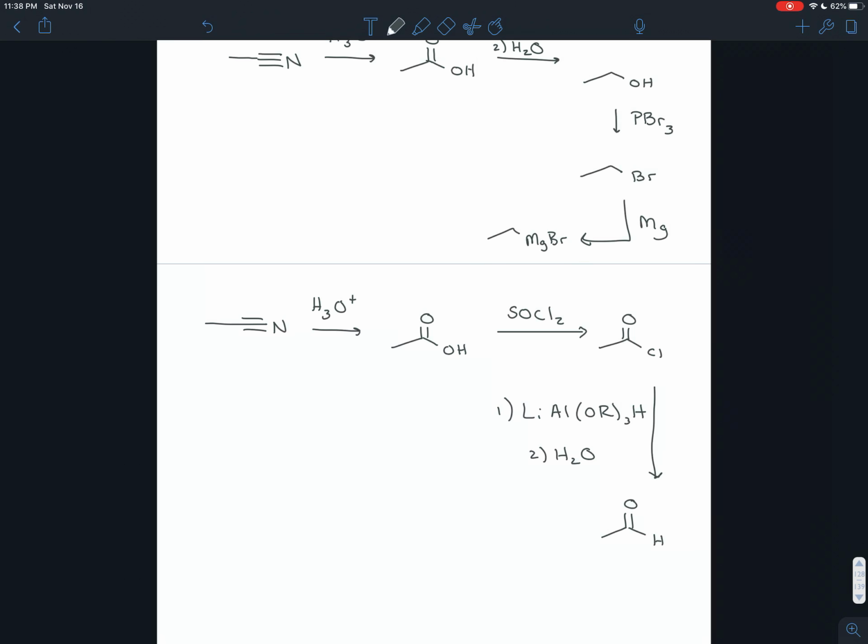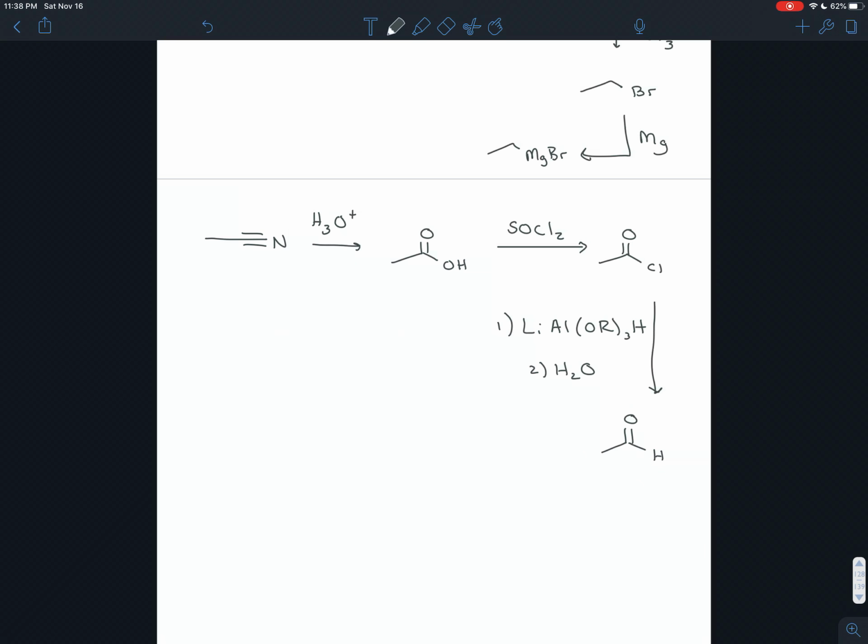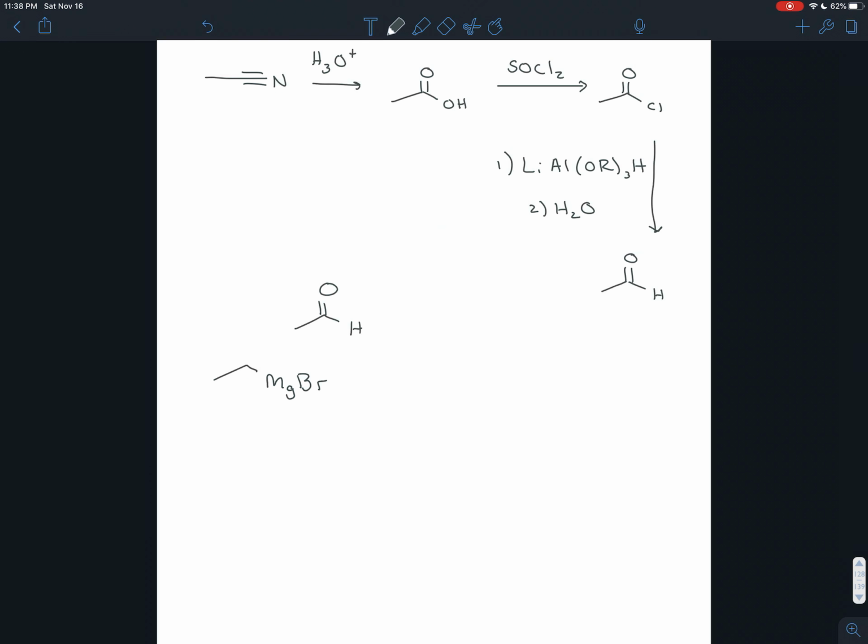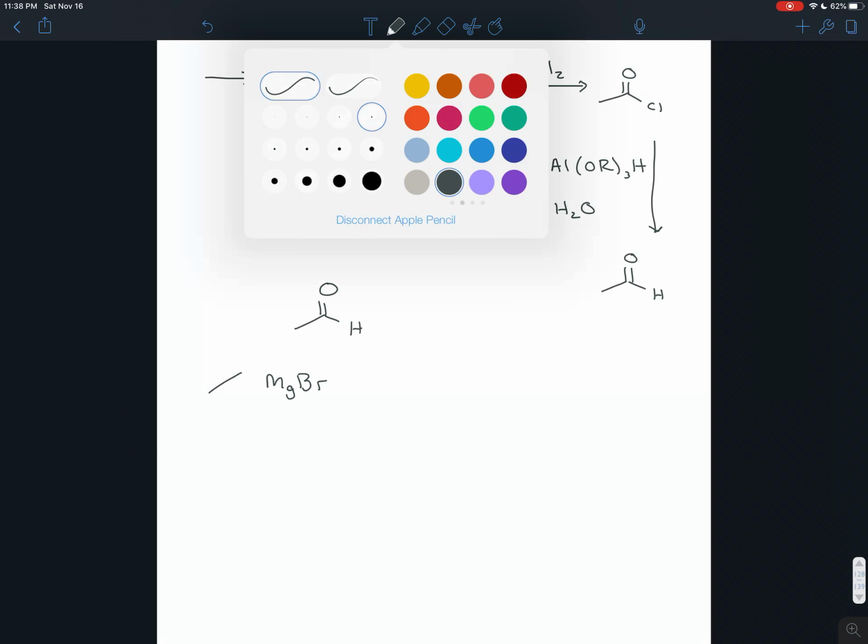We can take our Grignard reagent and react that with our aldehyde.